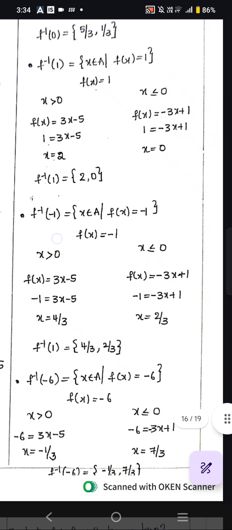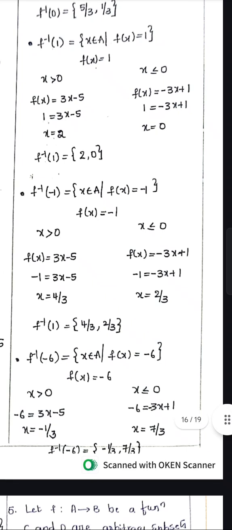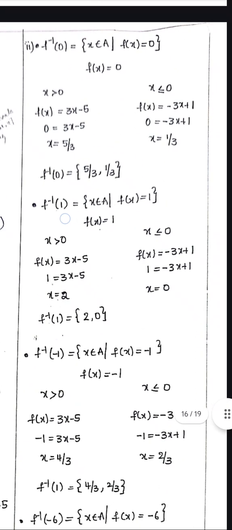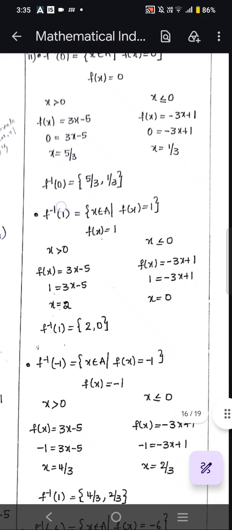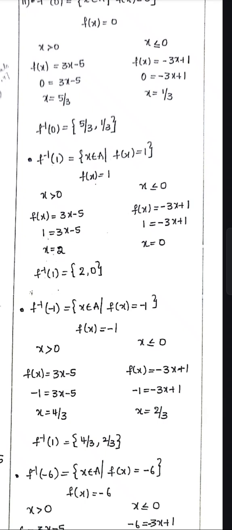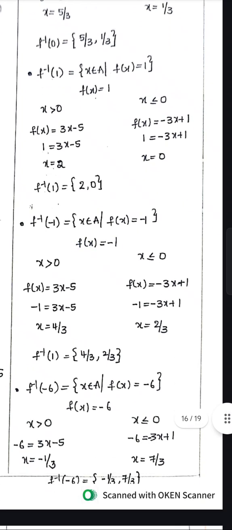Then for f inverse of 1, we have x belongs to A, f of x equals 1. x is greater than 0 and x is less than or equal to 0. For this actually we have to take only the 5 by 3. Here I have made some mistake. Since 1 by 3 is not less than or equal to 0, it is greater than 0, so it can't be taken.